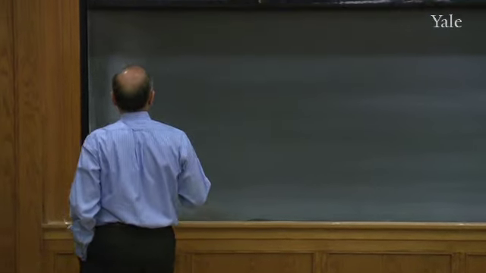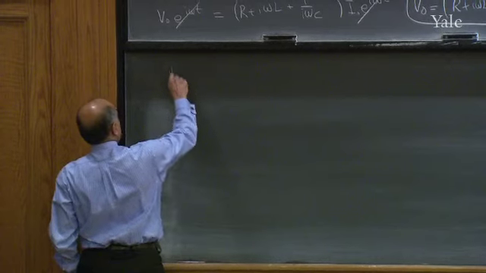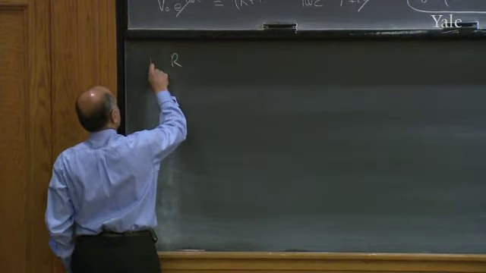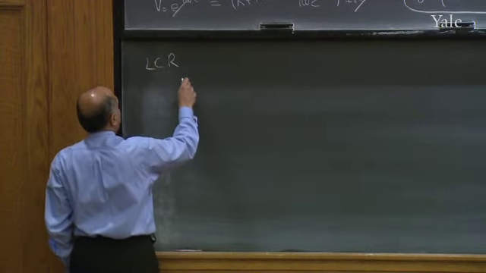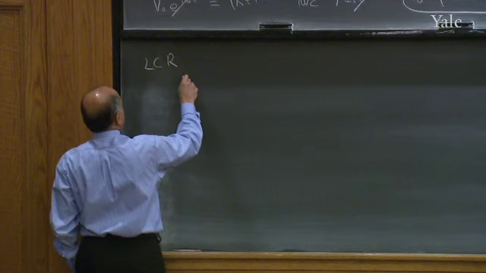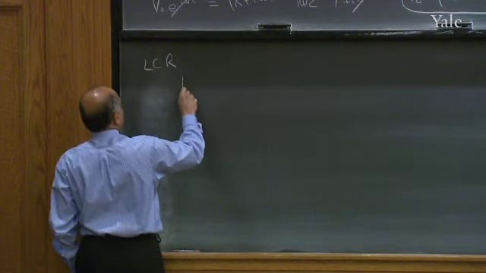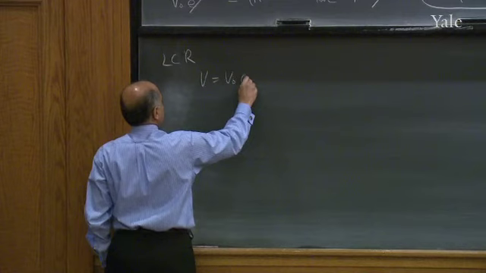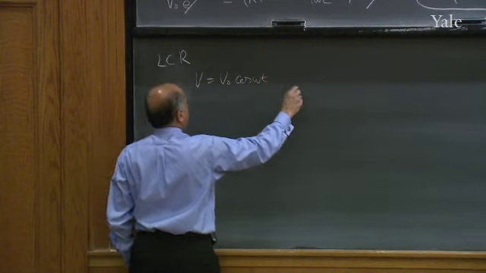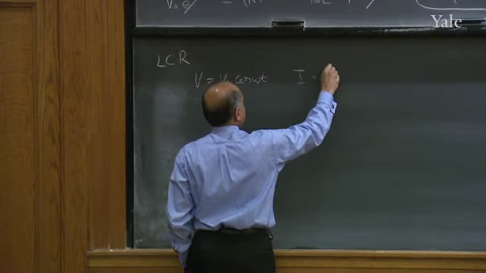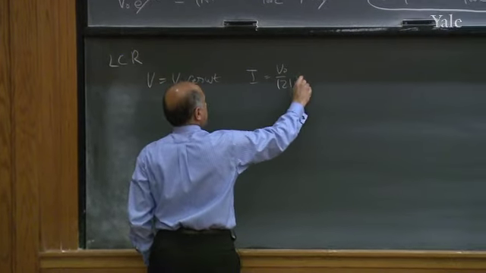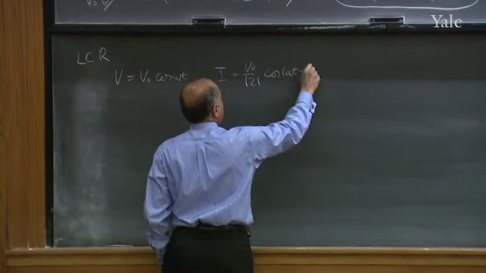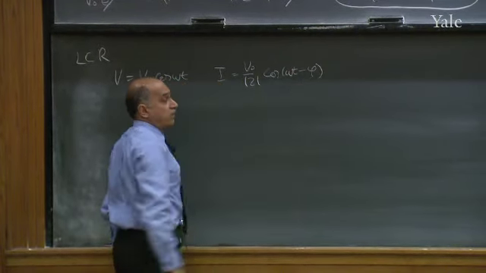Take the LCR circuit, where we found that the voltage was V0 cos omega t, and the current was V0 over the absolute value of Z times cos of omega t minus phi, where phi is all that stuff. I don't want to repeat it.